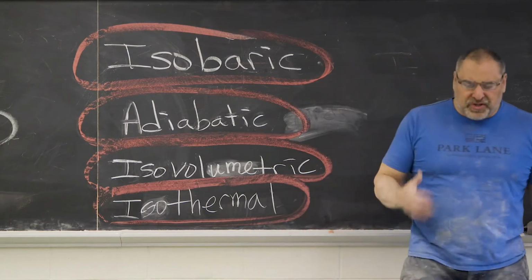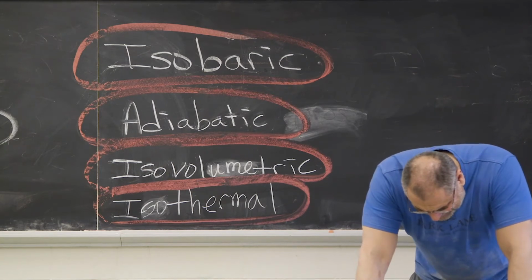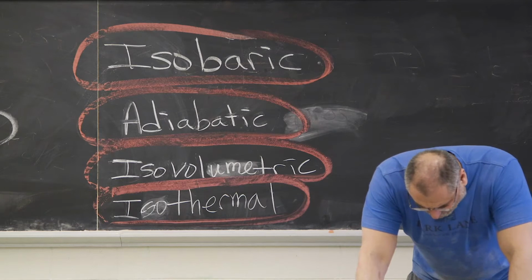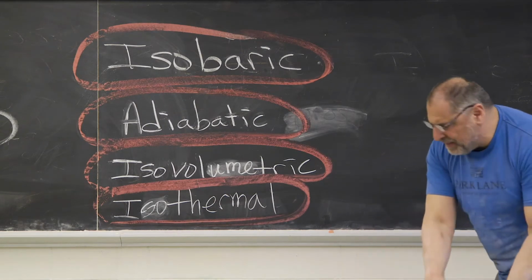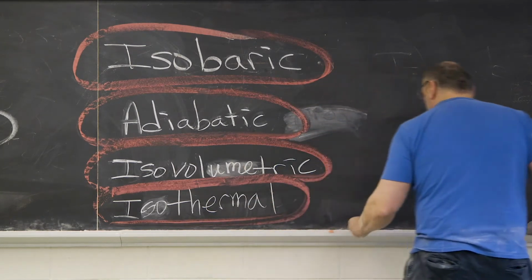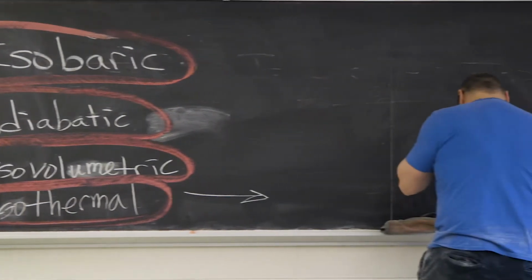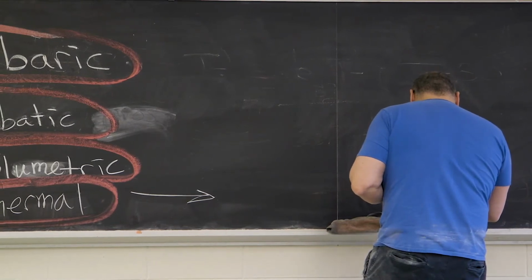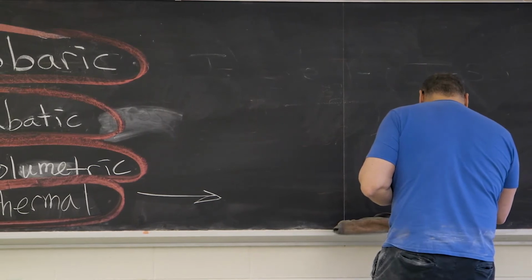Isothermal means the temperature is kept the same. The work done by an ideal gas on the environment is given by this. There's a good derivation of it. I wish we had time. We don't.